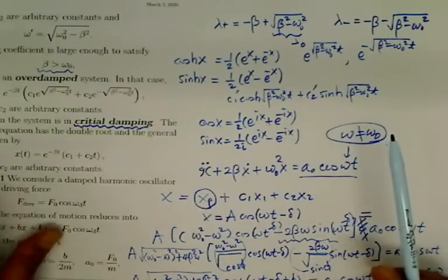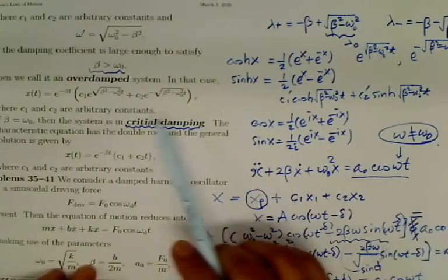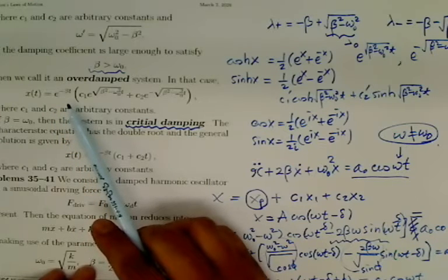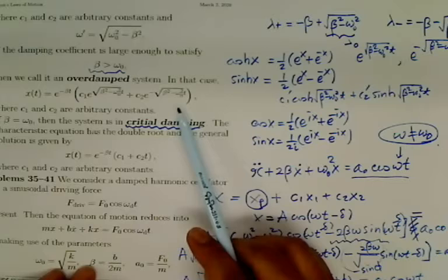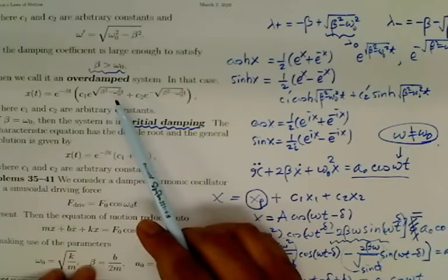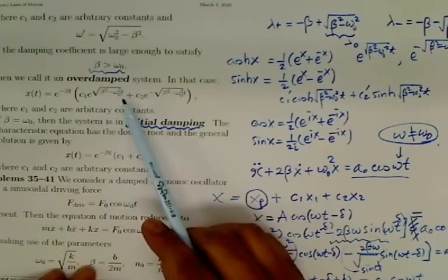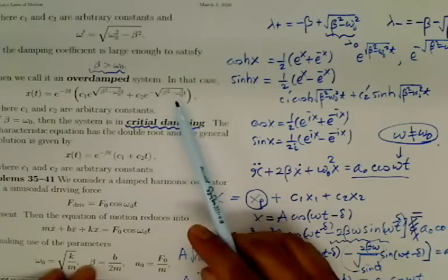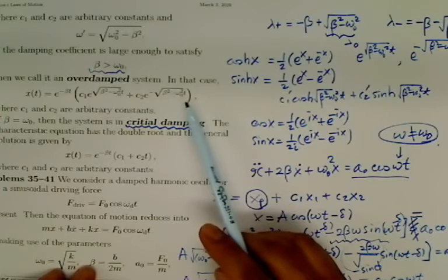So the result is the common factor e to the minus beta t and a linear combination of exponential plus square root of beta squared minus omega 0 squared t and exponential minus square root of beta squared minus omega 0 squared t.